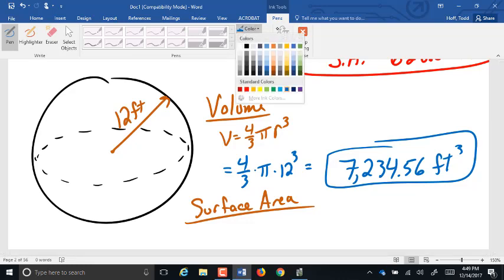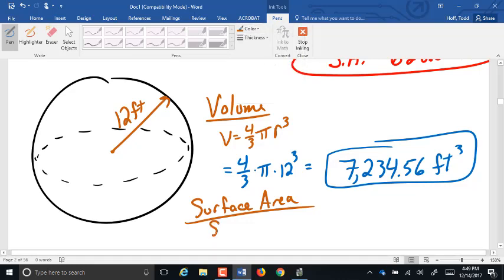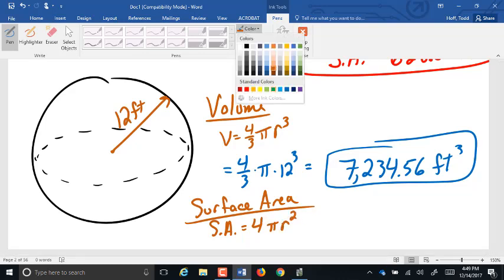For a sphere, surface area is just 4 times pi times the radius squared.